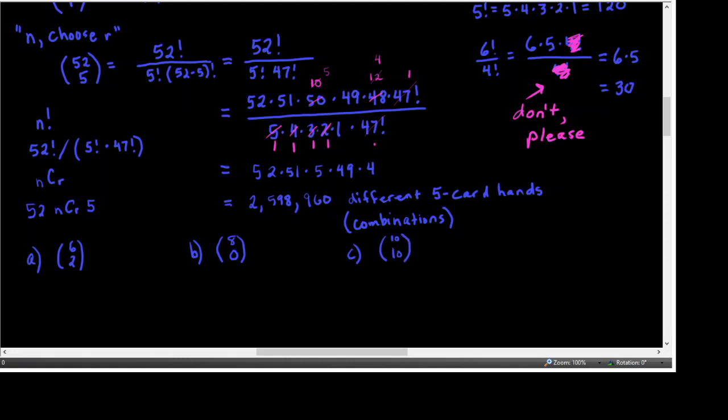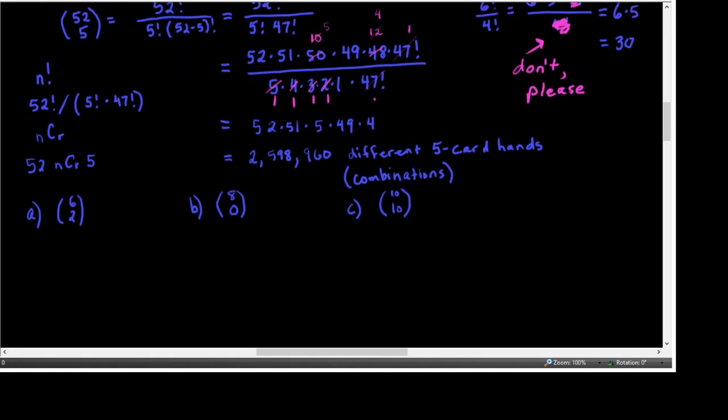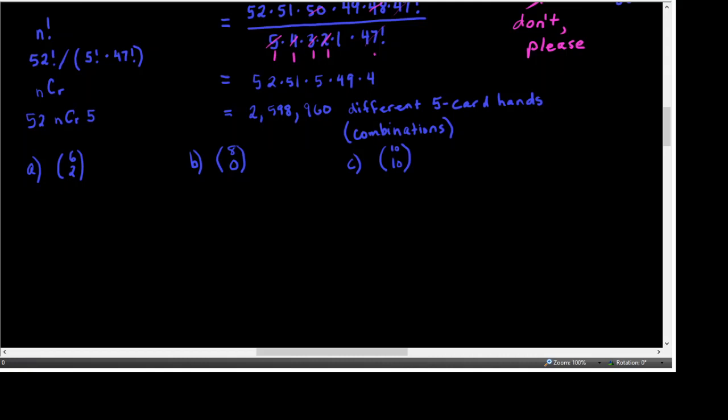So I'll do the first one with you, and then I'll ask you to pause, do the other two, and then come back and see how you did. All right, so 6 choose 2 is by definition 6 factorial divided by 2 factorial times 6 minus 2 factorial.